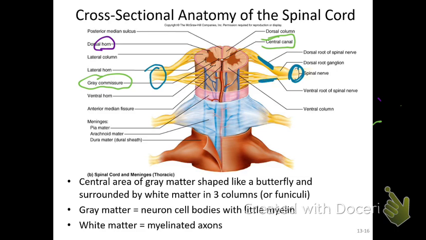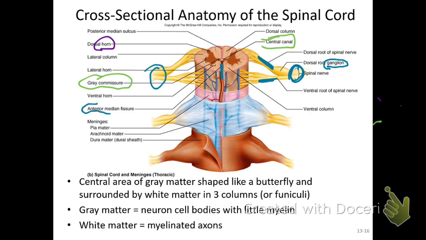You'll also hear posterior and anterior roots, equivalent terms. And then here's a dorsal root ganglion. I'll talk more about that in lecture, but just pointing out these structures, you'll be hearing about them as we go along.